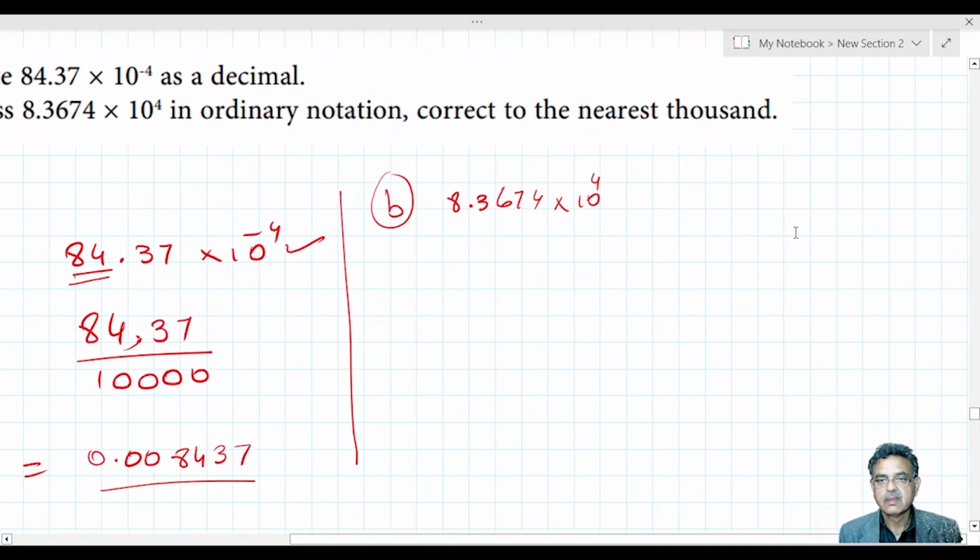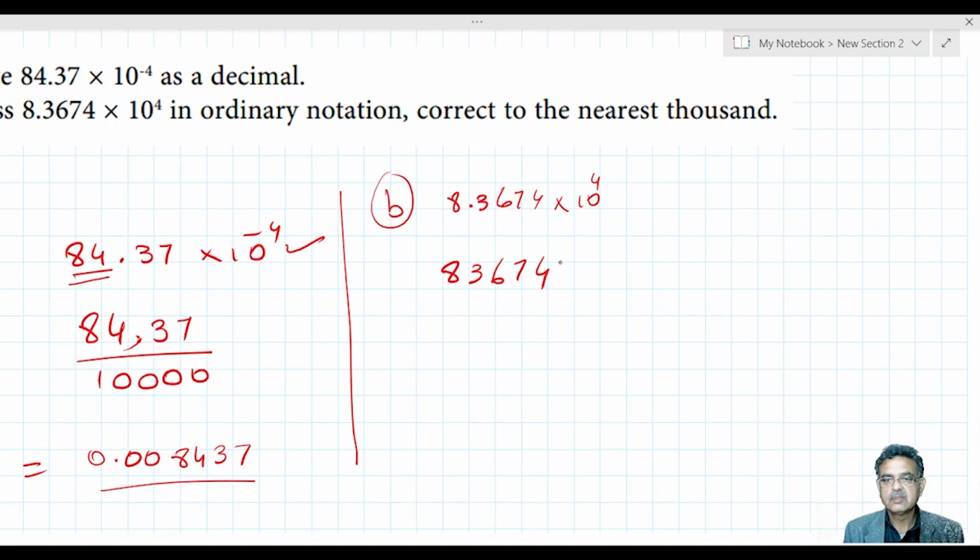Okay. Now if we remove this decimal towards right, 83674, its value is increased by 4 decimal places. So this 4 will be balanced by this number of decimal places.